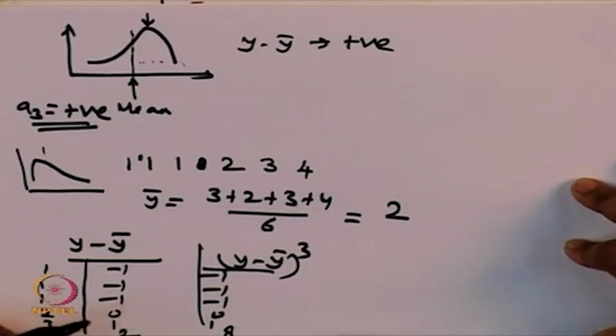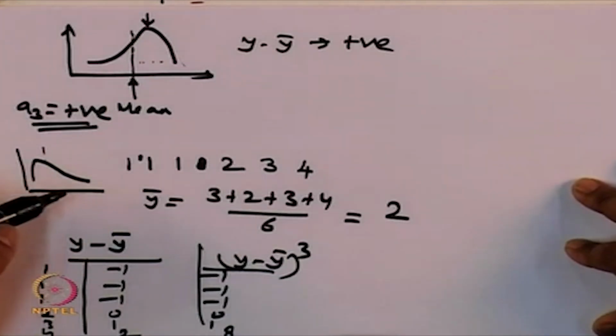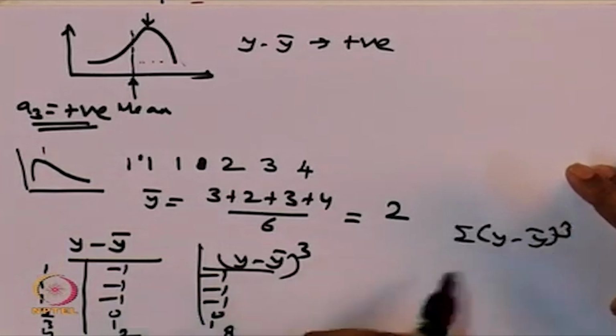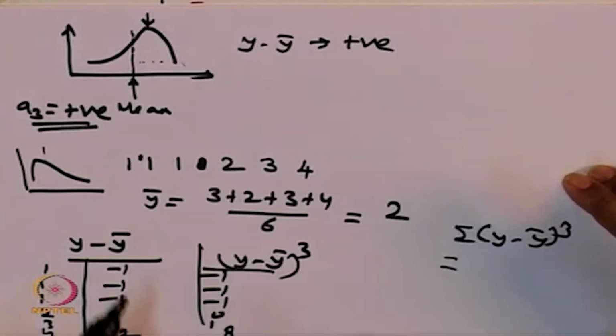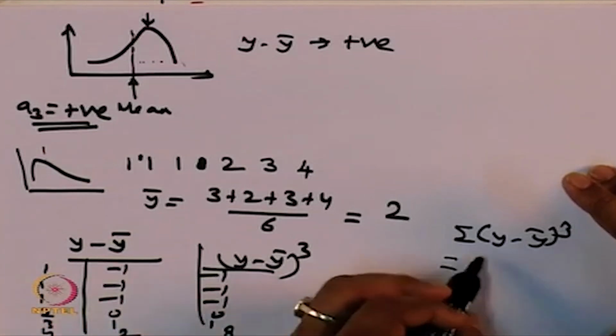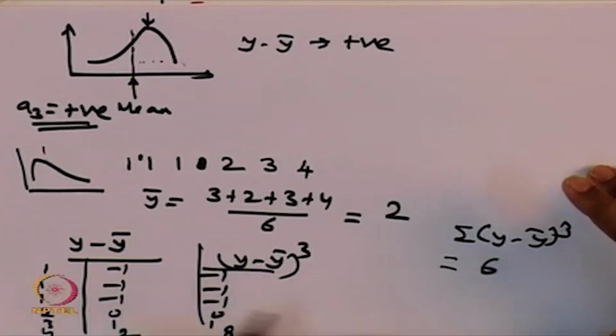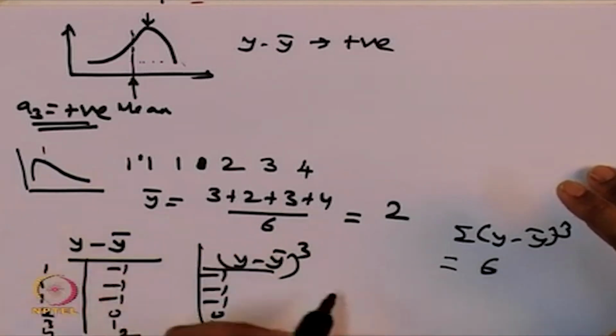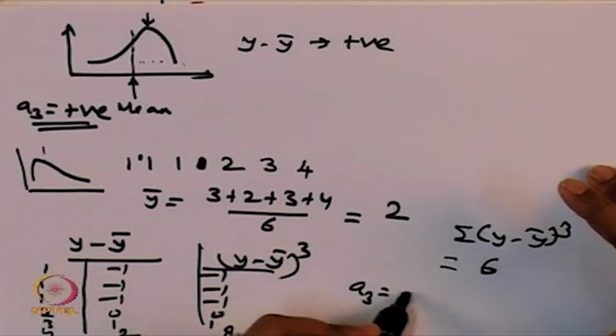Okay. So, in this particular case, even though the distribution is skewed to the left, I can see that the summation of y minus y bar whole cubed will give me a value of 3 plus 3, 4, 6, right. So, though it is skewed to the left, A3 is still giving me a value which is positive.